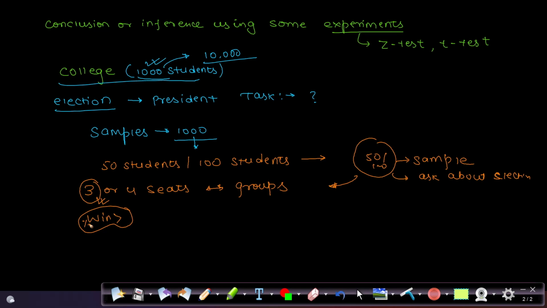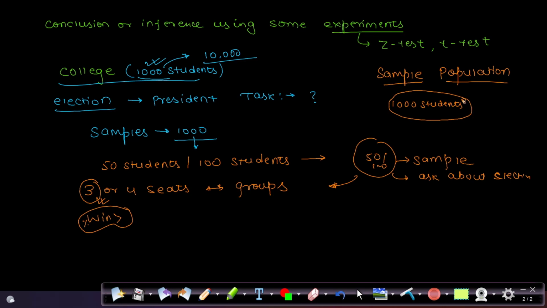You are taking some sample data. What is a sample and what is a population? We will discuss that in the next video, but for now, these 1000 students are your population data.